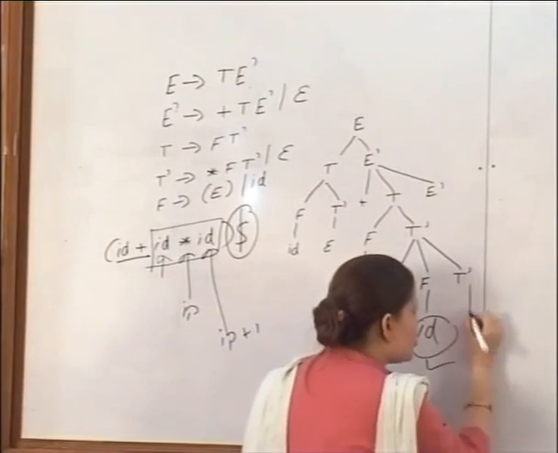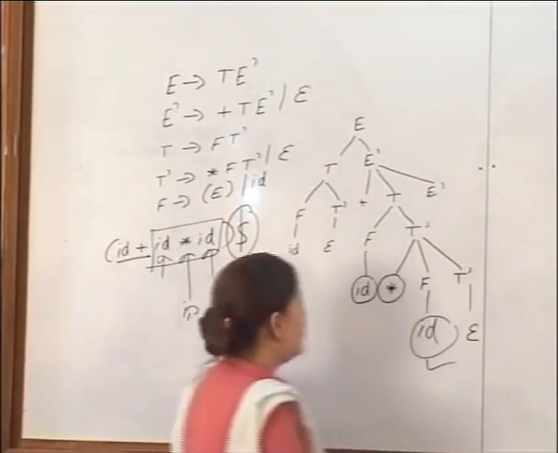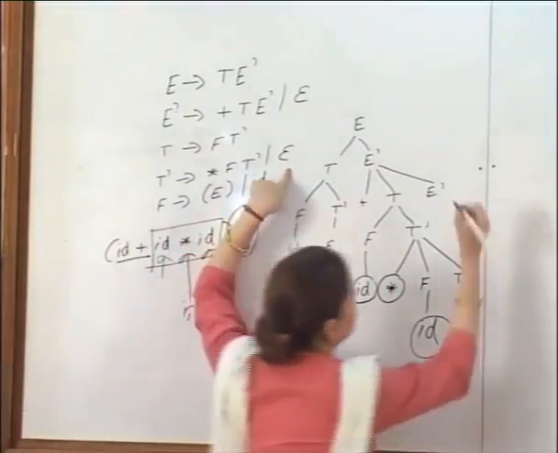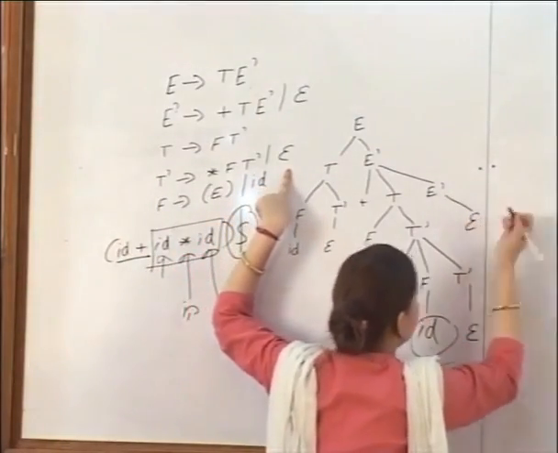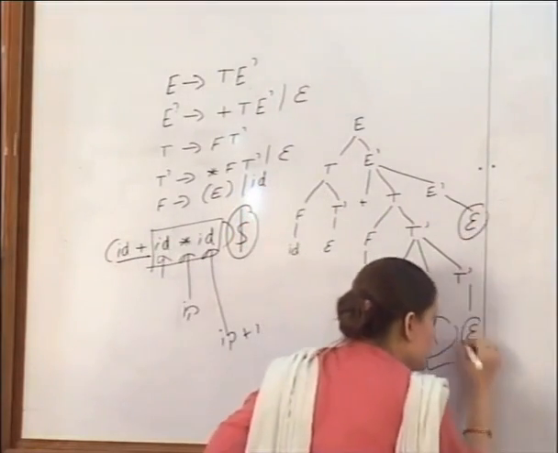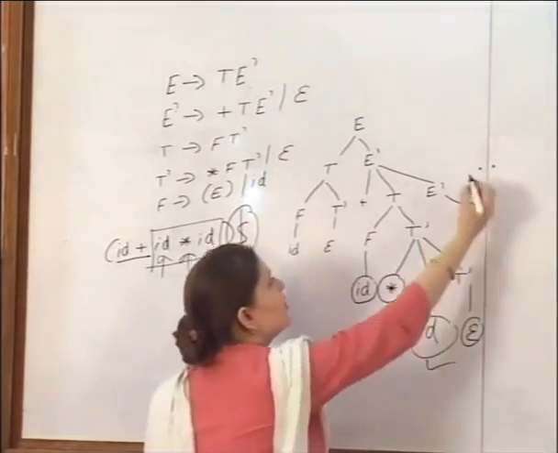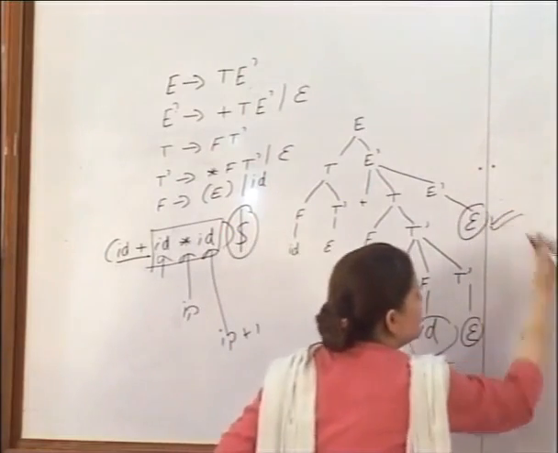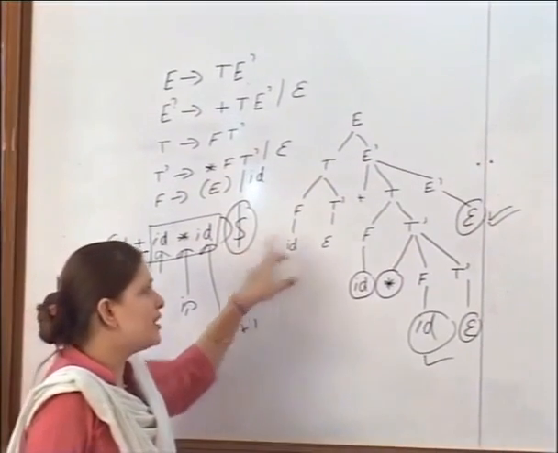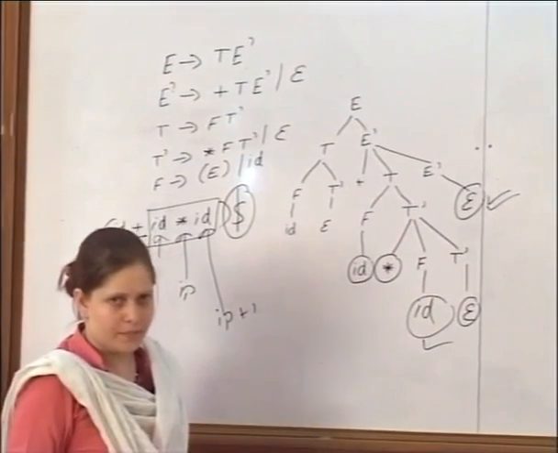So this T dash will be replaced by null, as it is mentioned here, and this E dash is again replaced by null. So after reaching the last node and the end of the input string, the parsing is successfully done.